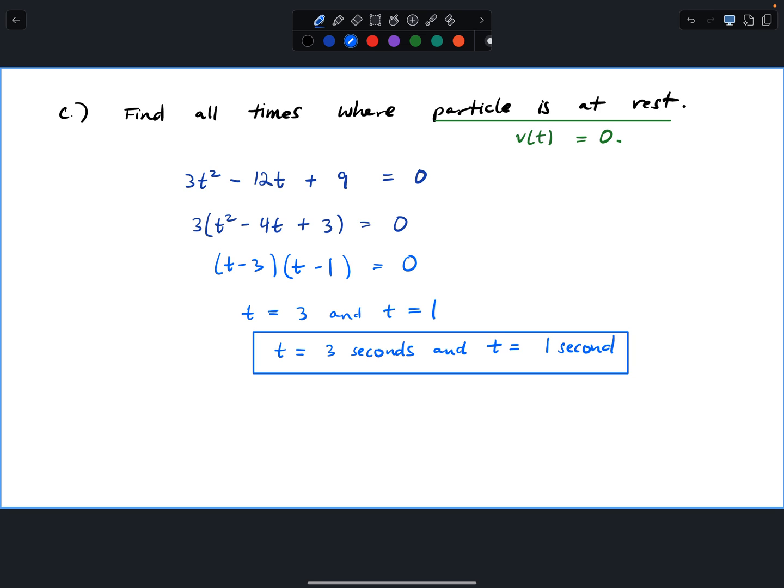Okay, part D. When is the particle moving in a positive direction?